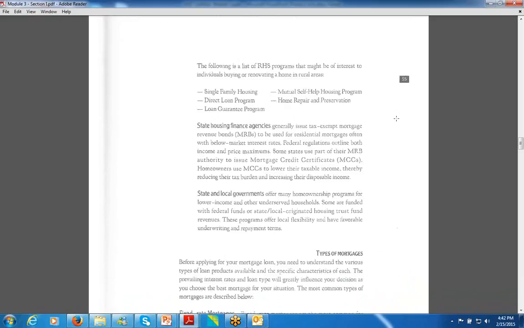Various programs that begin with the federal government are administered through the states and down through the state and local governments. So you want to be aware of down payment assistance programs that are administered through the state, usually further administered through your local housing services. Whatever your municipality, they should have housing services.